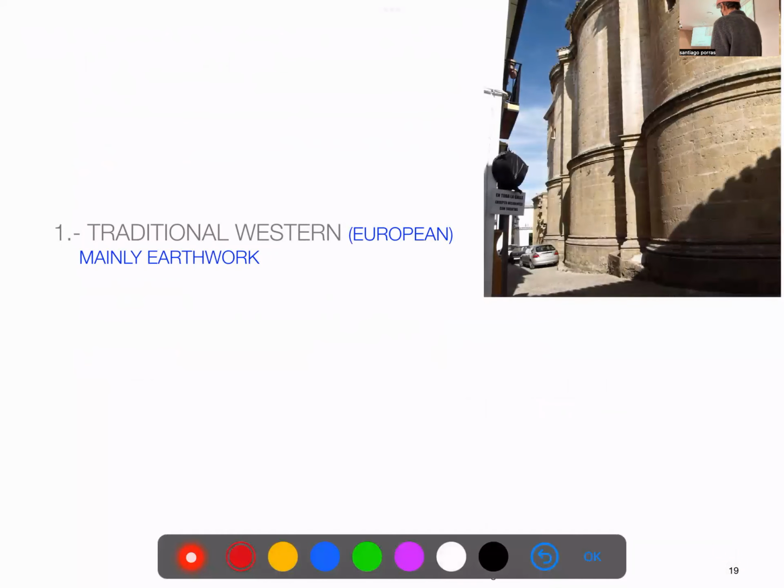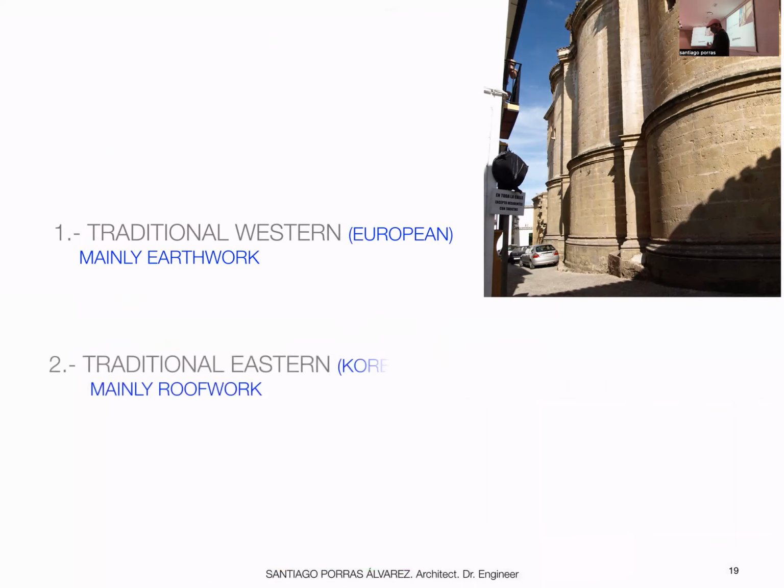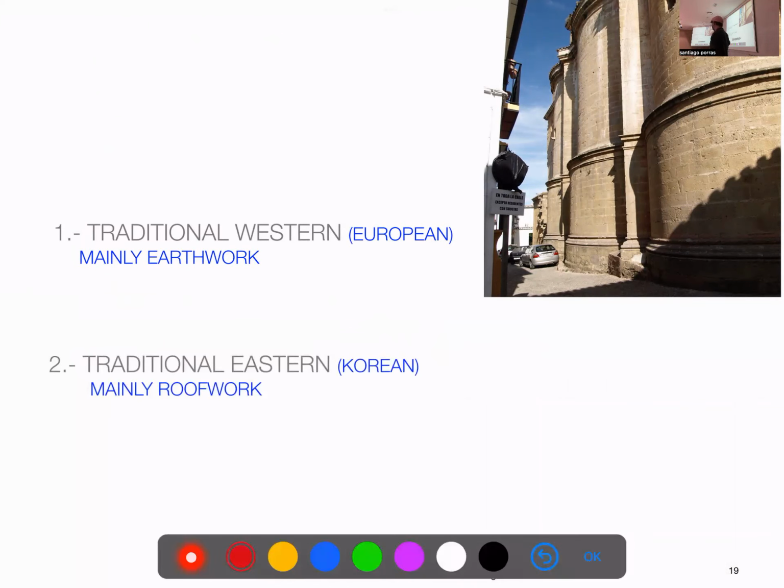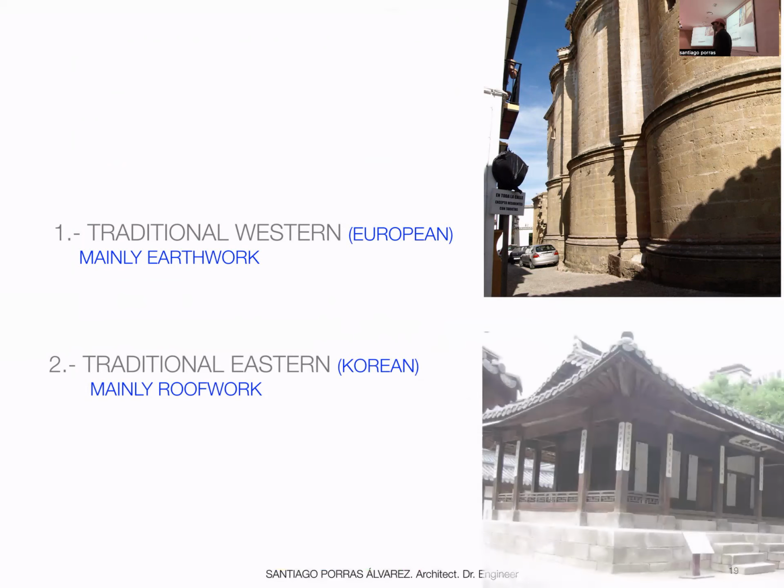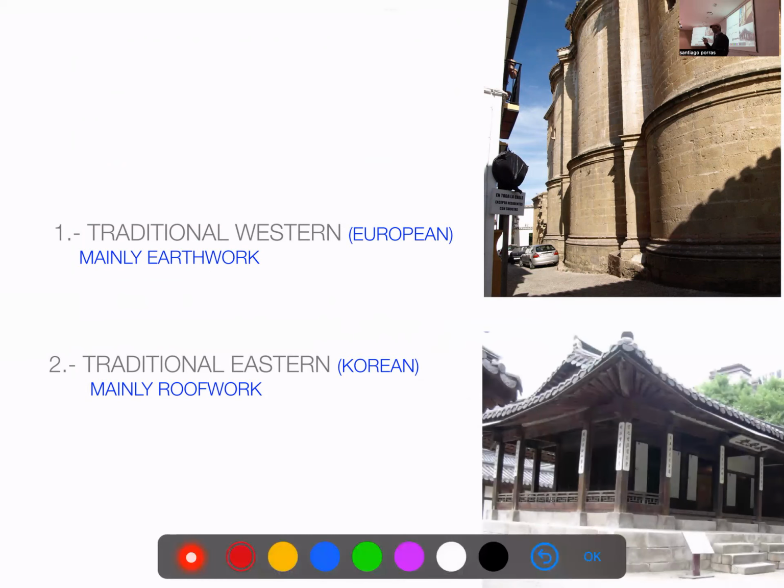So European architecture is mostly earthwork, not only. This is why you have so many massive stone buildings remaining, whereas the Eastern architecture, and I give the example of the Korean, is mainly roof work, timber, and this is why it's so hard to have so many remainings of old buildings.